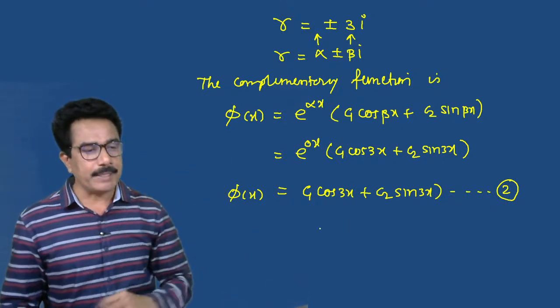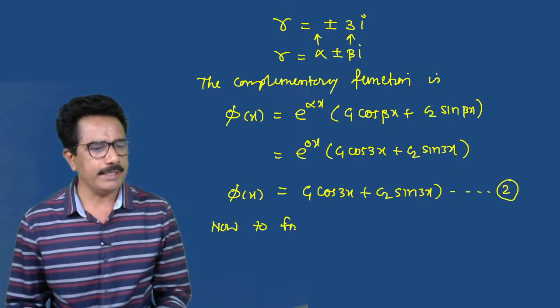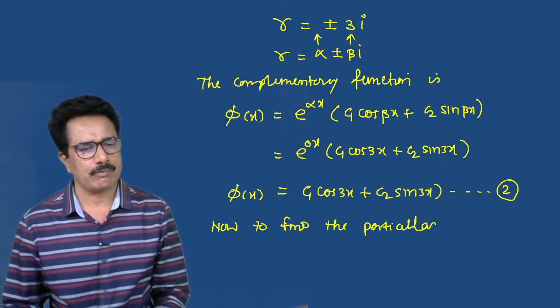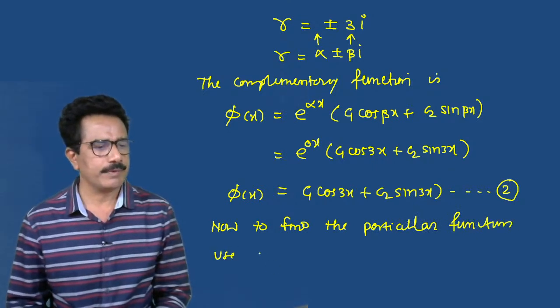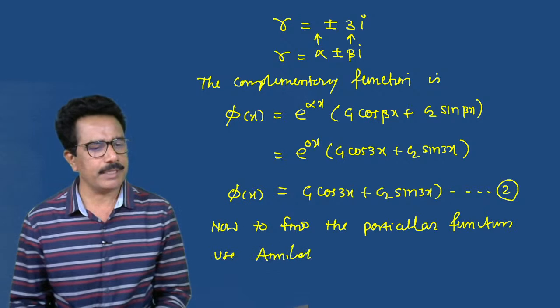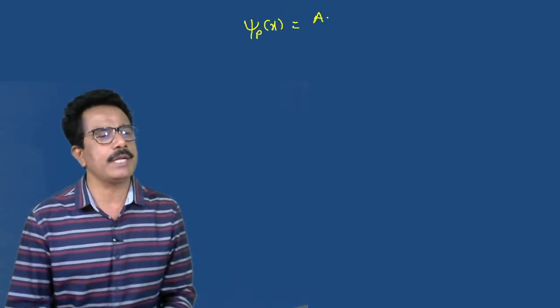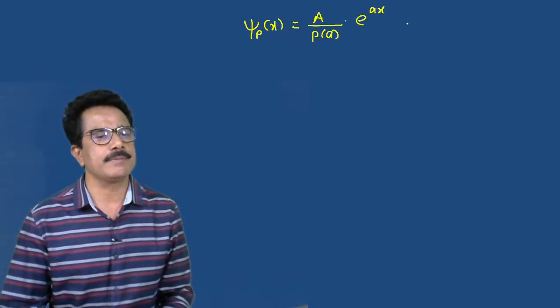Now to find the particular function, use the annihilator method, that is psi p of x is equal to A divided by p of a into e raised to ax.